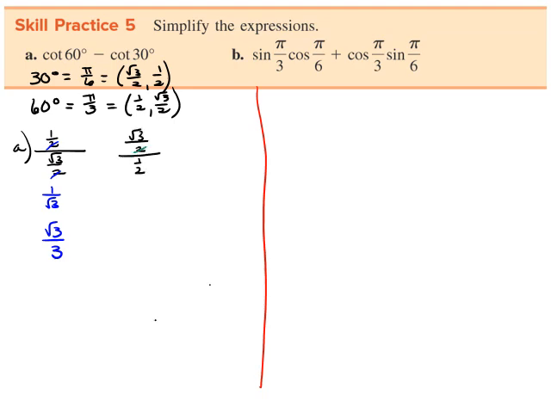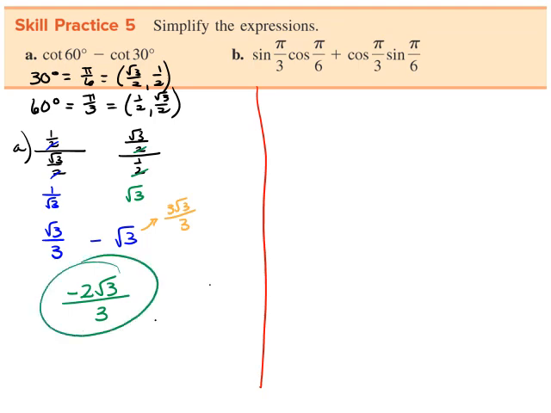The 2's cancel, and I'm left with the square root of 3. So I have root 3 over 3 minus root 3. If I want, I can write this as 3 root 3 over 3 because the 3's would cancel. So if I have root 3 over 3 minus 3 root 3 over 3, I end up with a negative 2 root 3 over 3 for a final answer.